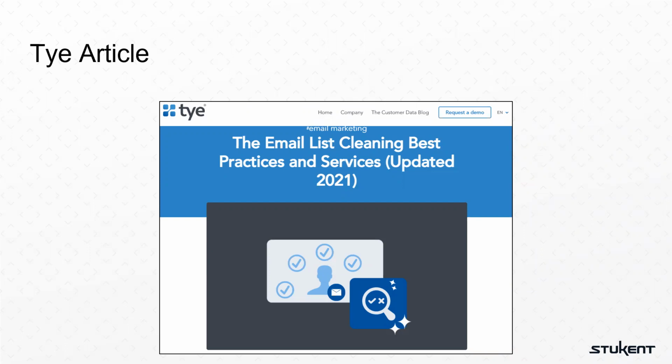I originally pulled this article in 2021: Email list cleaning, best practices and services. Updated 2021, pretty obviously. There was a version in 2020, probably one in 2019, et cetera. And this just goes to show you, hey, we went in and updated this. It's fresh. You can trust this.